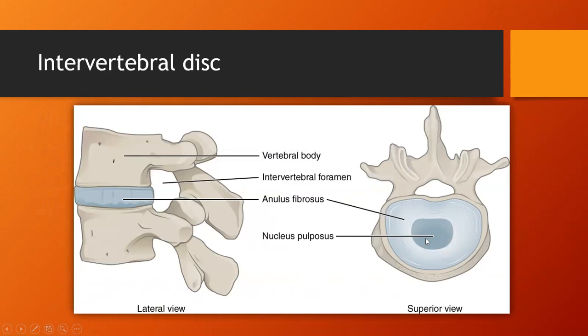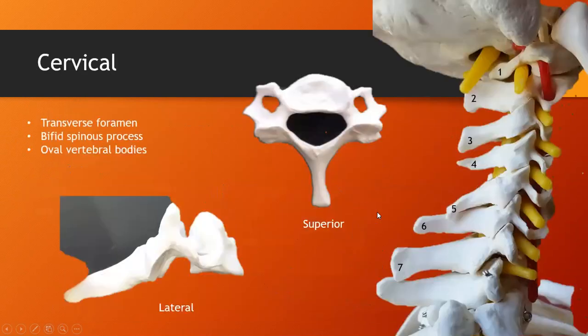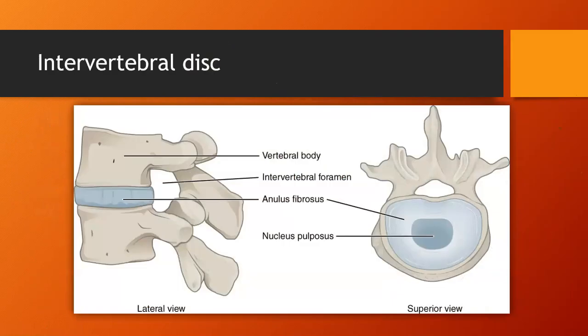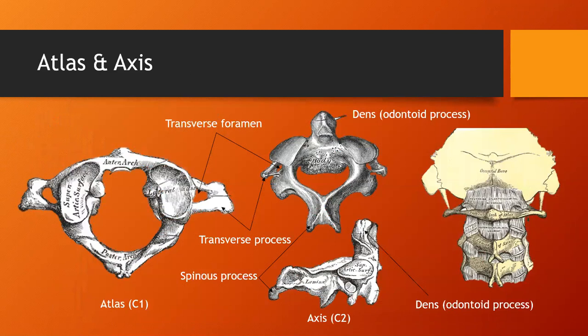If it ruptures, what usually will happen is that you will have a protrusion of the nucleus pulposus, which is a type of spongy nucleus. Remember I said it's gelatin. So it will start to protrude through. I do not have an image of a herniated disc. All right, moving on.